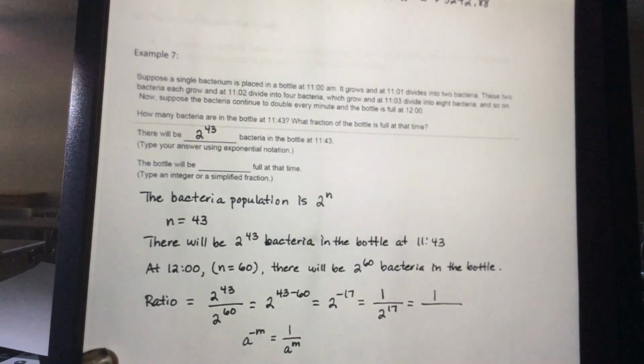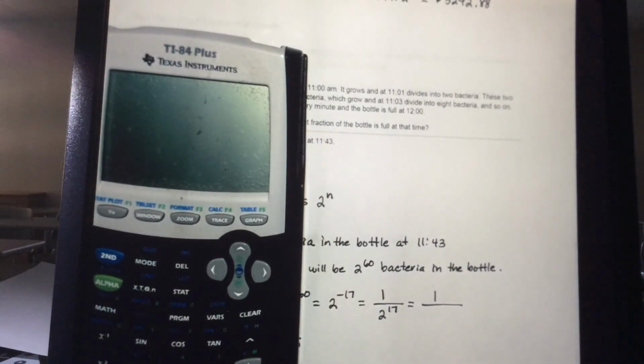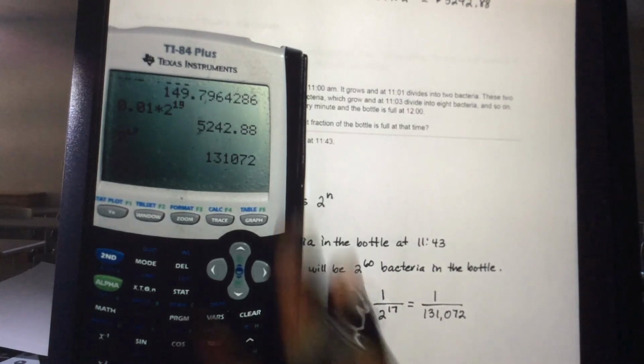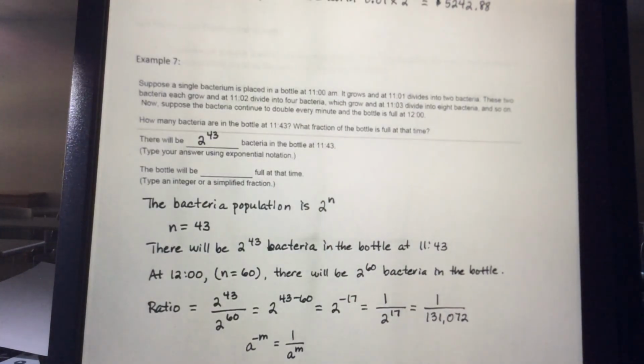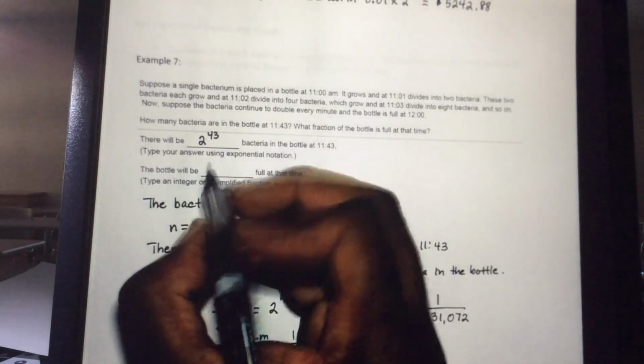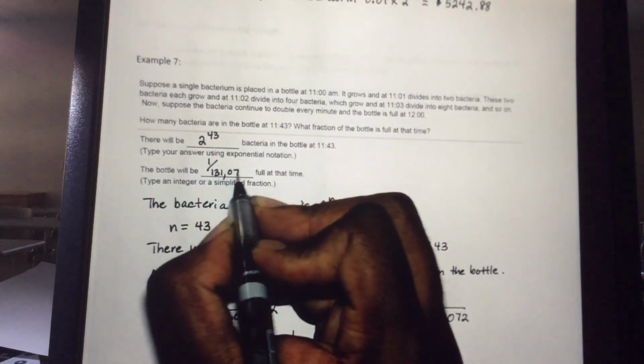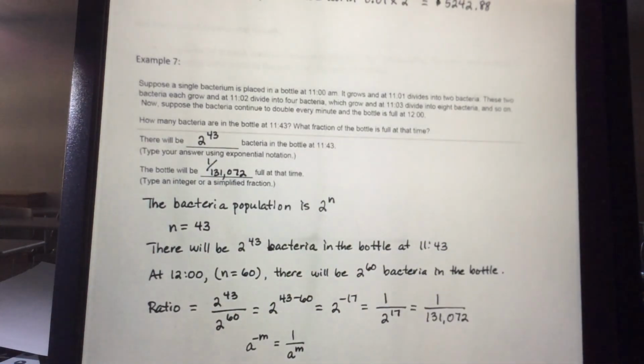Now they want this as a simplified fraction, so we need to evaluate what 2 to the 17th power will be. That's going to be 131,072. So the bottle will be that fraction of 1 over 131,072 full at that time. Okay.